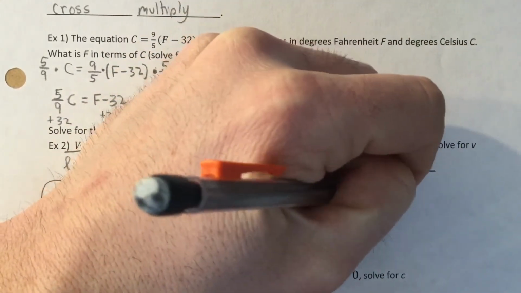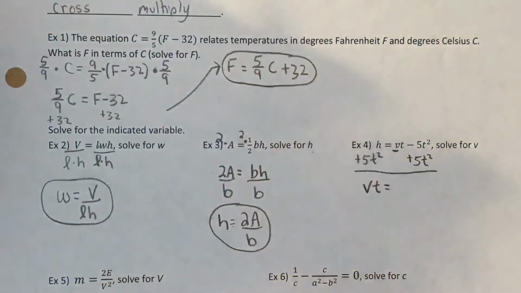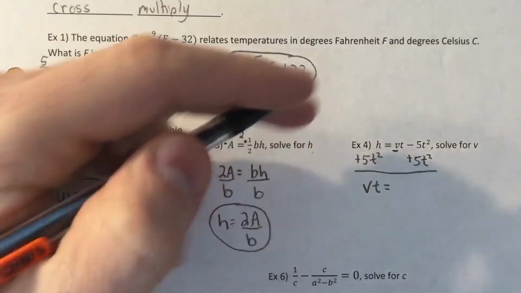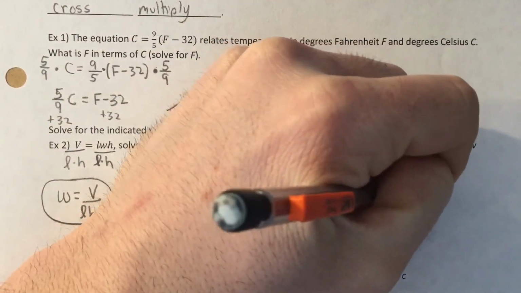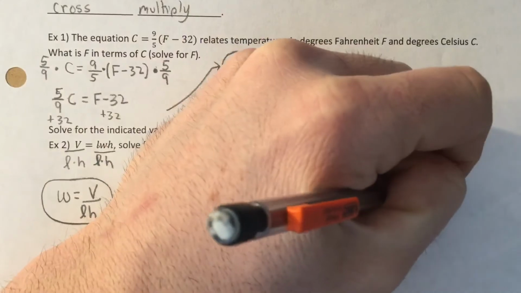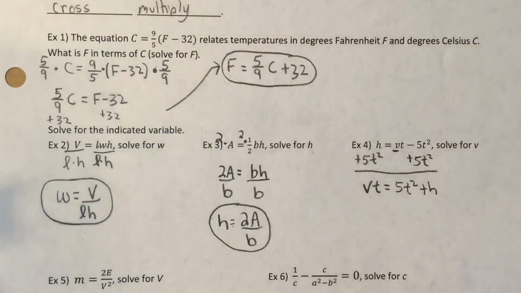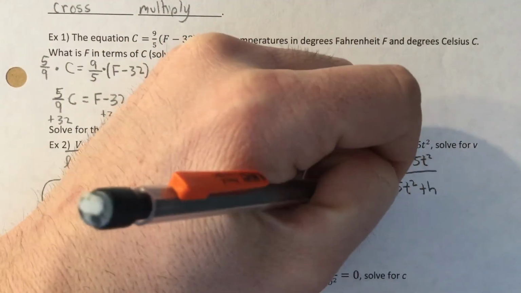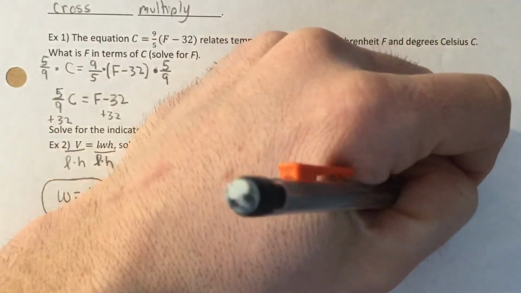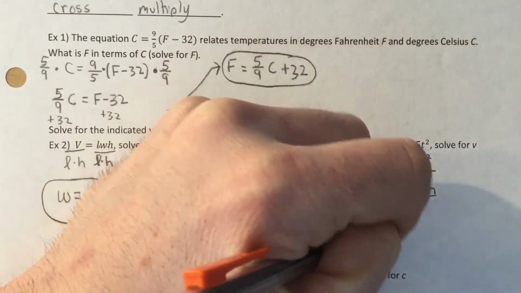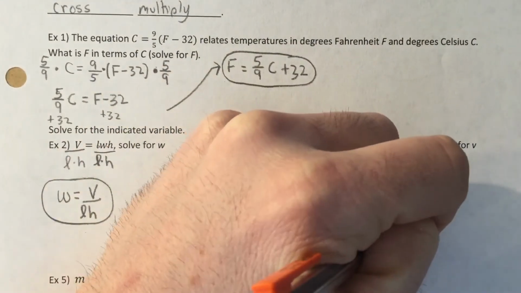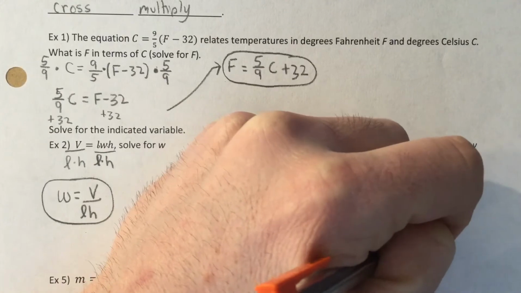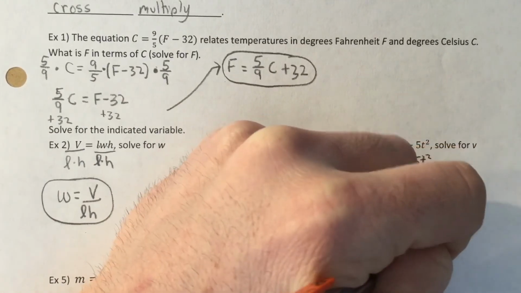So that would give me vt equals 5t squared plus h. And then the last thing I want to do, again, I want the v by itself, is I'm going to divide by t, because v and t are being multiplied together. So my final answer, with v by itself, will be 5t squared plus h all divided by t.